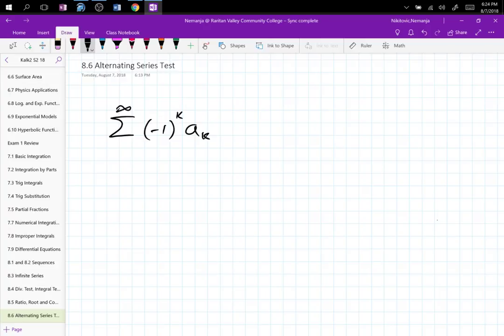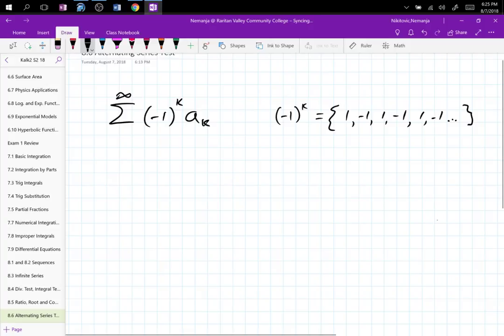All this -1 to the k term does is create a sequence, if you start with k at 0, of 1, -1, 1, -1, 1, -1, going on forever. So it alternates between positive and negative numbers.